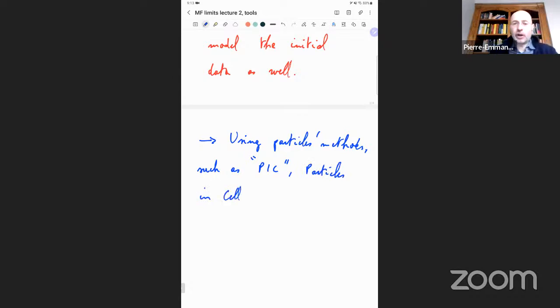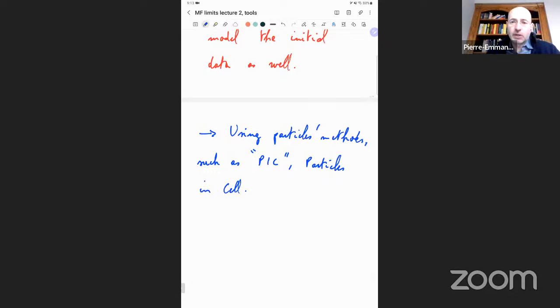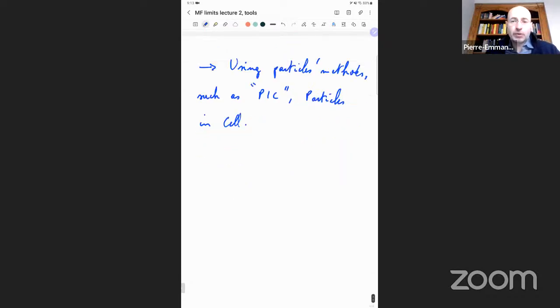Now, I'm not going to describe this method. Basically, this was a very popular, now a little bit less, but this was a very popular way of using many particle systems to solve PDE or SDE.